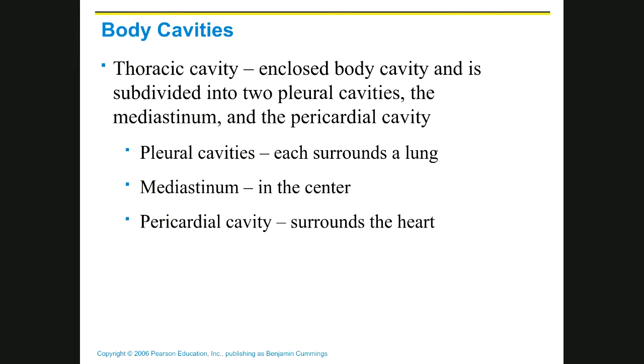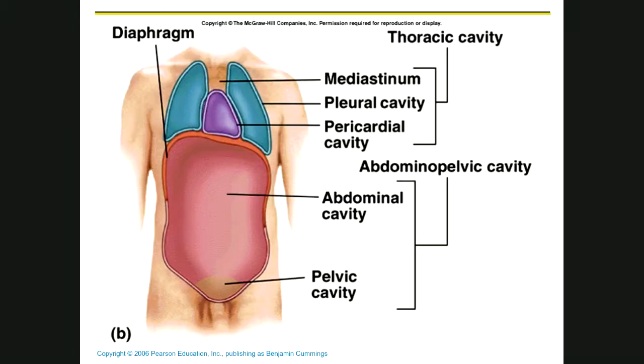What's left over is this space right here, and that space is called the mediastinum. So we can subdivide this thoracic cavity into these smaller cavities: two pleural cavities, a pericardial cavity, and the mediastinum.